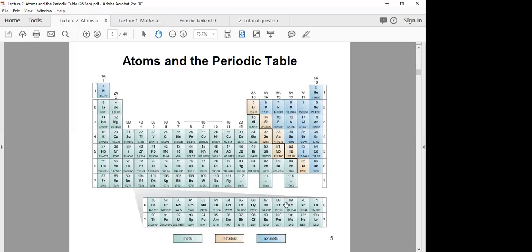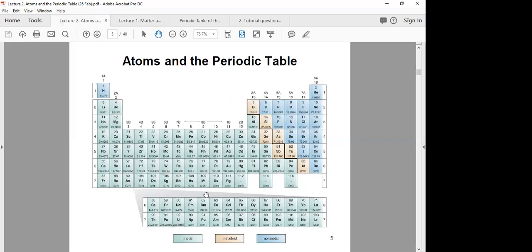All right, now let's look at all the elements to the left of the metalloids. All the elements to the left. Here they are. All the elements to the left are classified as metals. So this is very important to know the distinction here. They're all metals with one exception.